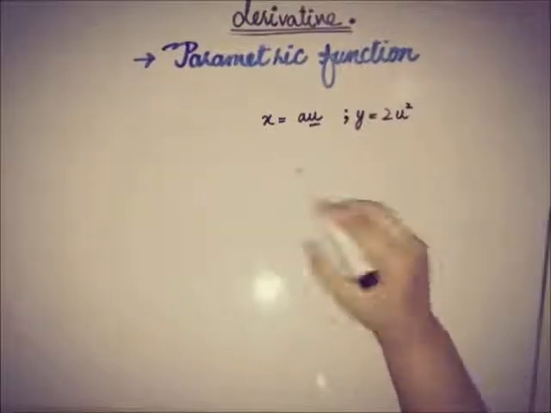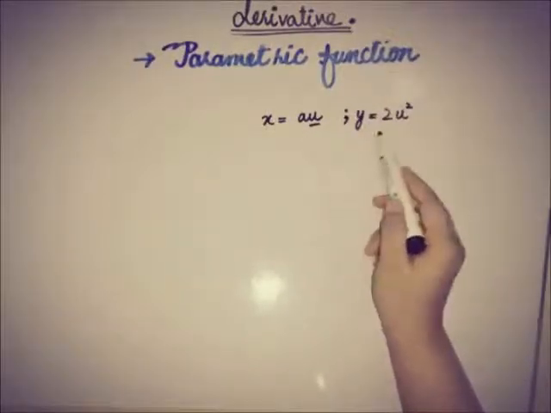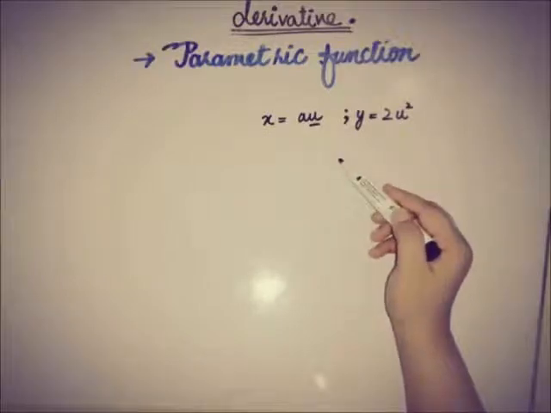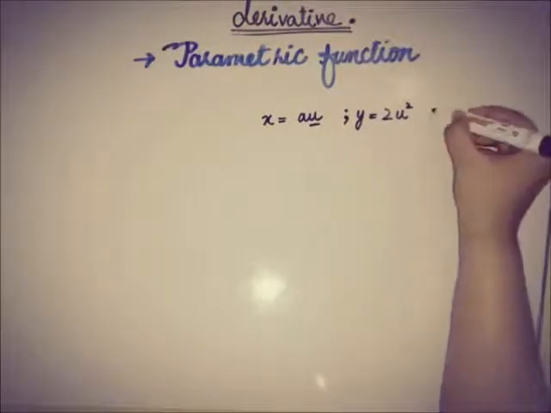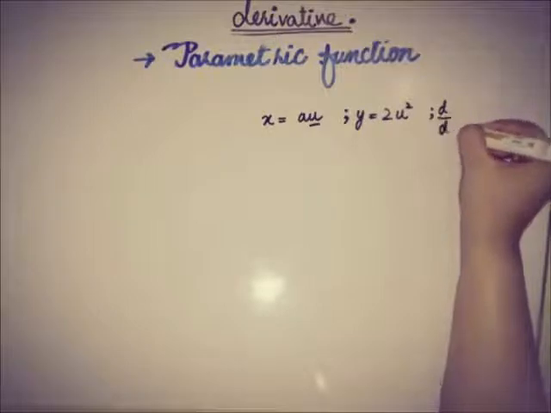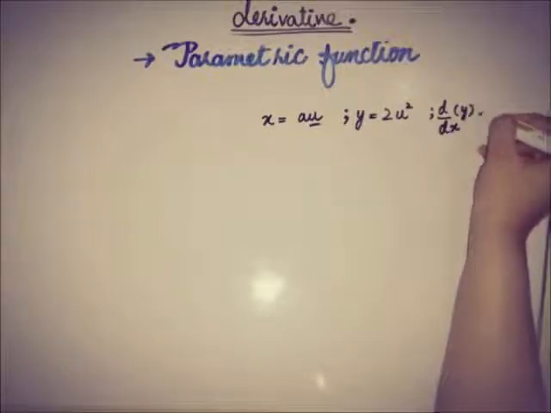In this equation, x and y are both dependent variables and u is an independent variable, but we can find the rate of change of y with respect to x here.